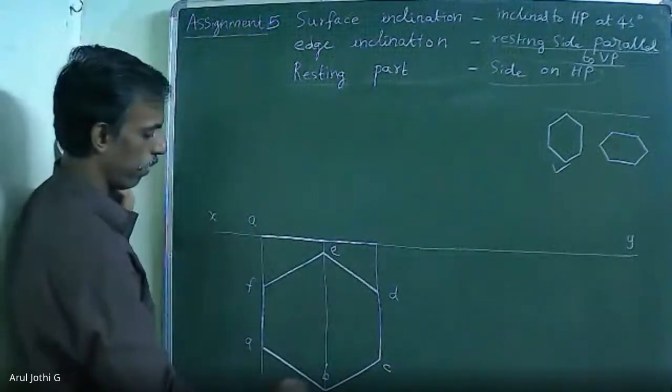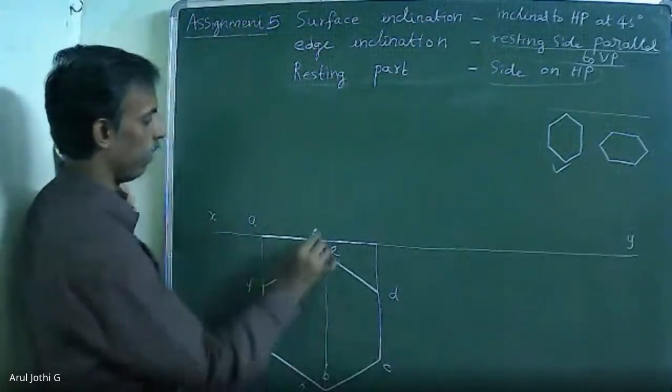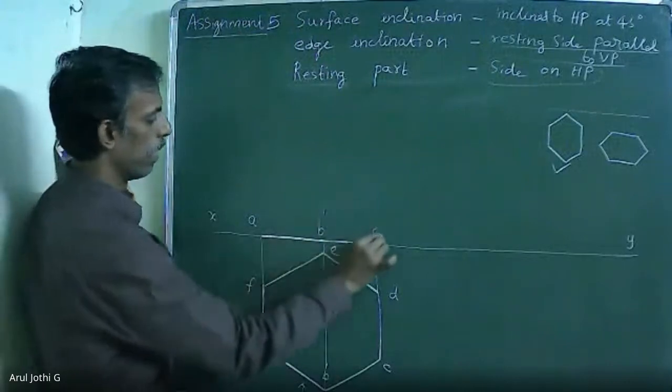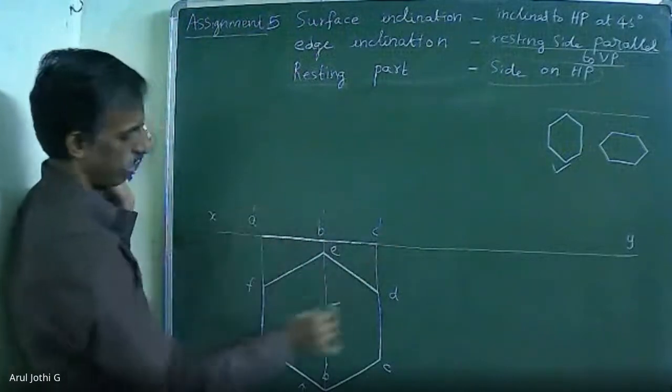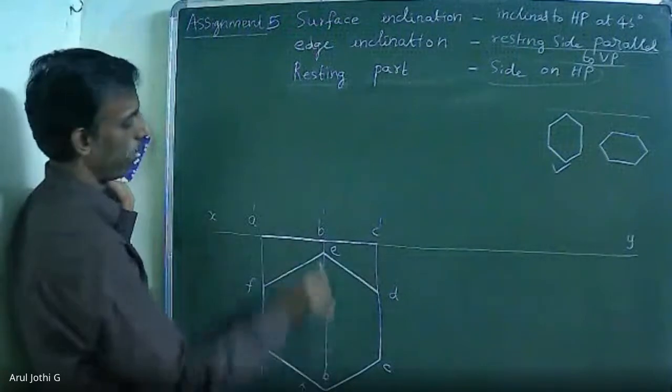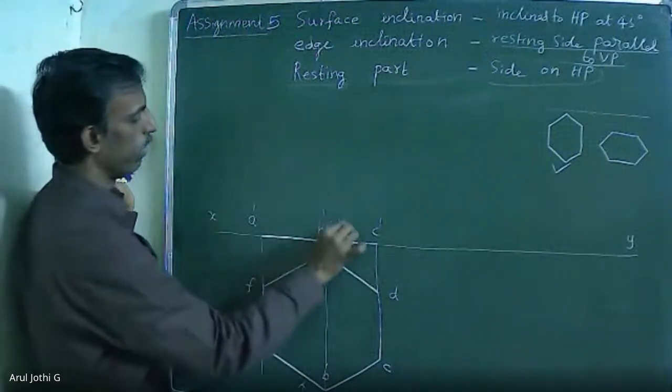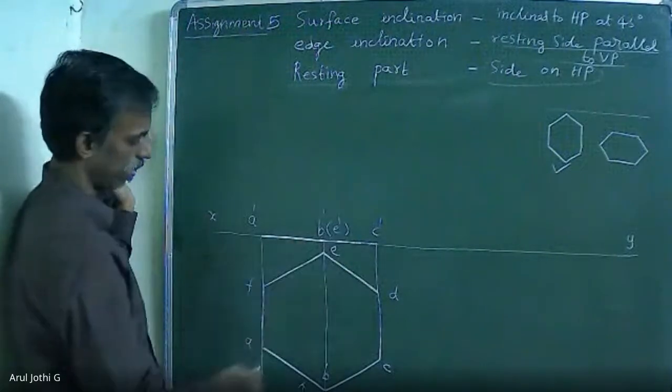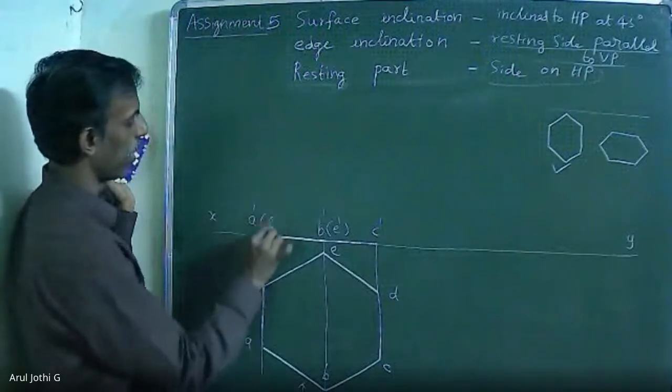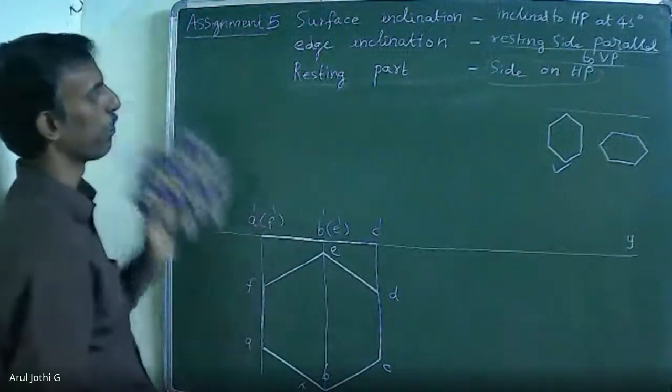So when you look at the front view, A, B, C will be visible. E available behind the B will not be visible. F available behind the corner point A will not be visible.